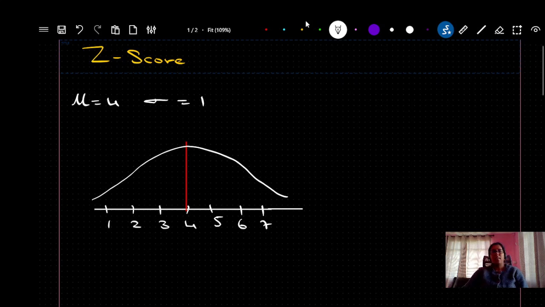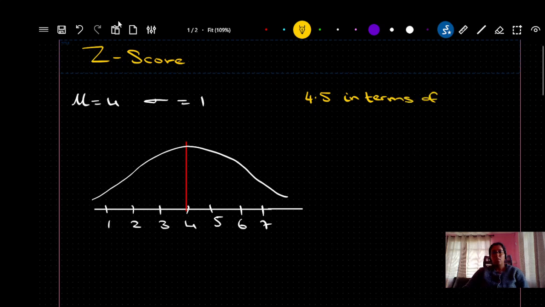Now let's say I want to know where does 4.5 fall in terms of standard deviation. This is very important.